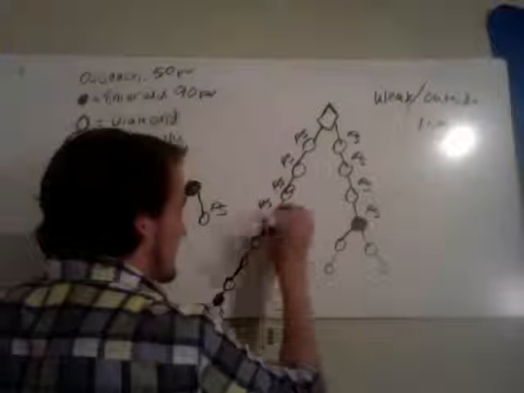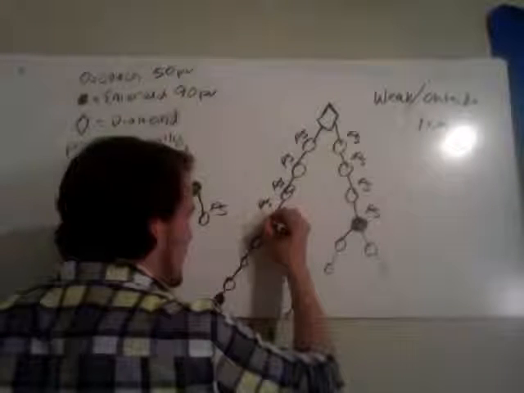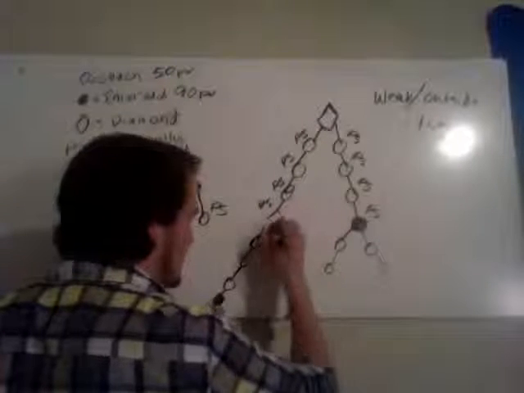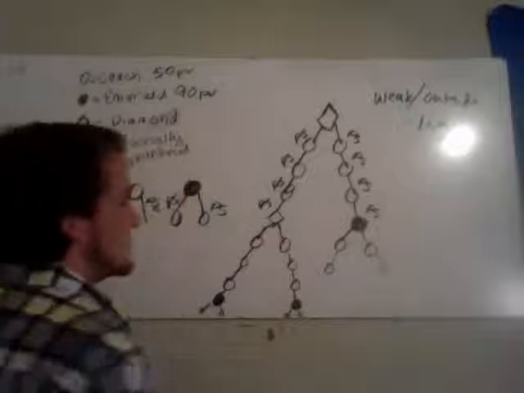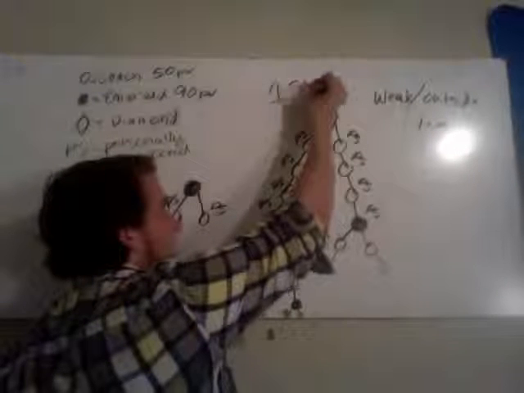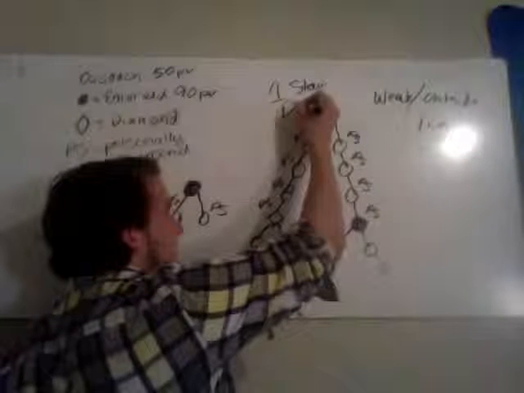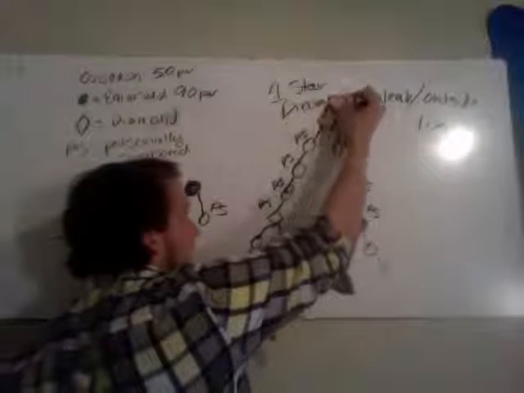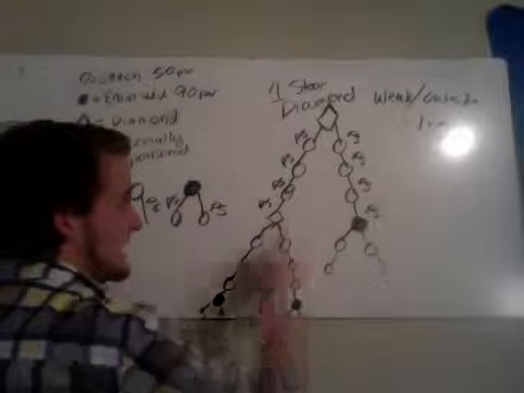Now she's a diamond coach, and because she was personally sponsored by Wendy, Wendy has now gone from a diamond coach to a 1-star diamond coach. Okay? Hope that makes sense, because she's sponsored one diamond coach.